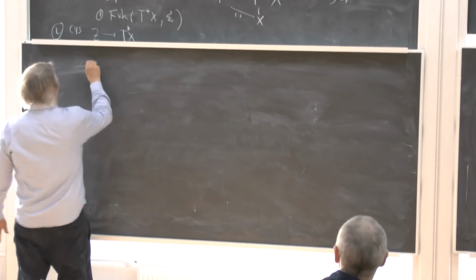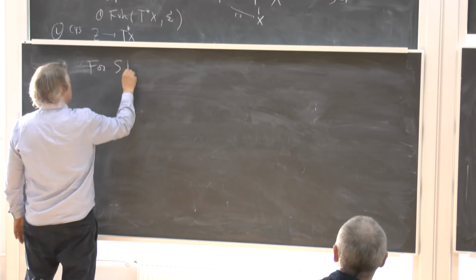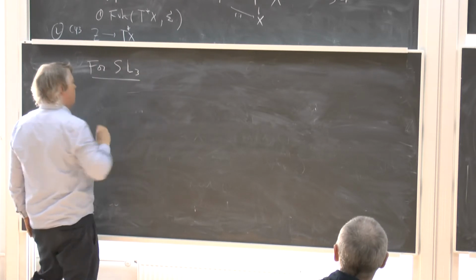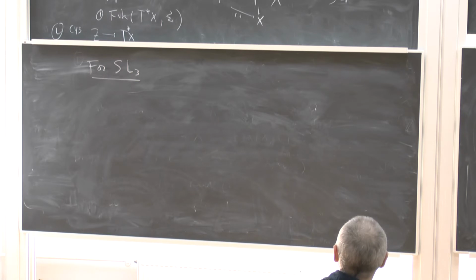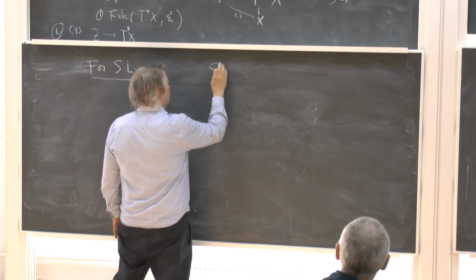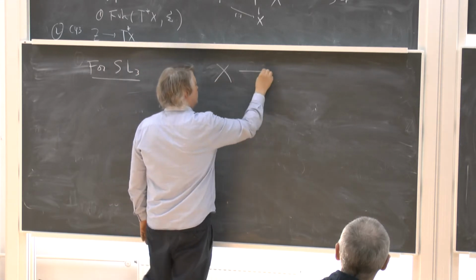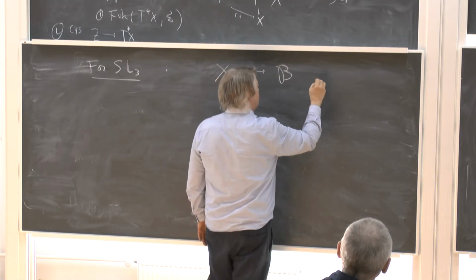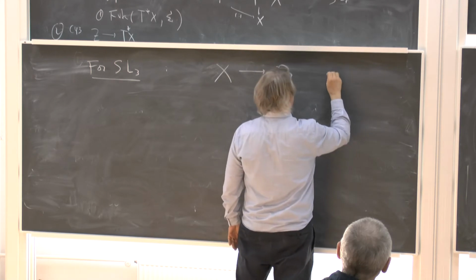For SL3, and also I should say we don't really know what to do for SL4, SL5, and so on. For SL3, the map from X to the building is going to be surjective, at least on some big open piece.